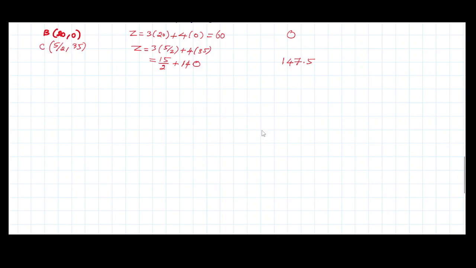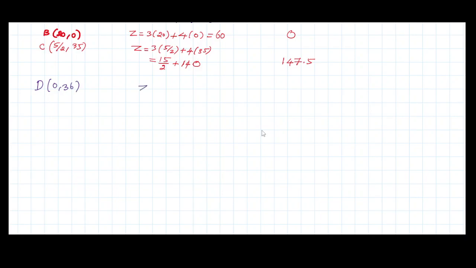Then the last point, D, which is 0 comma 36.